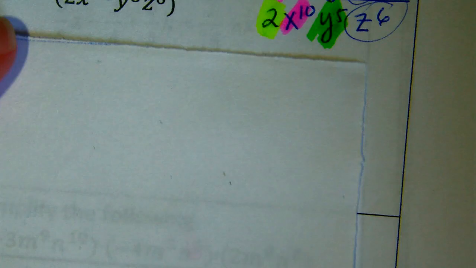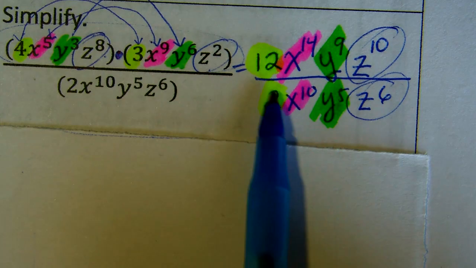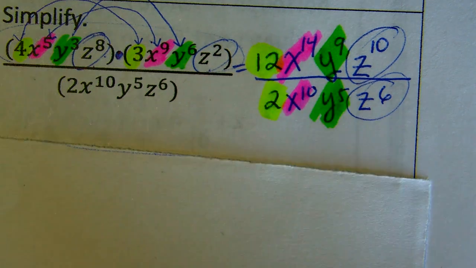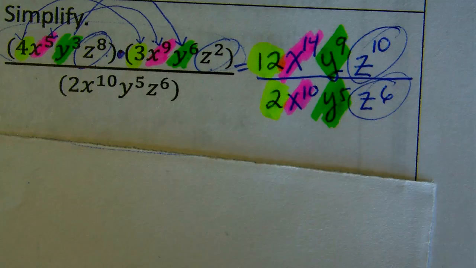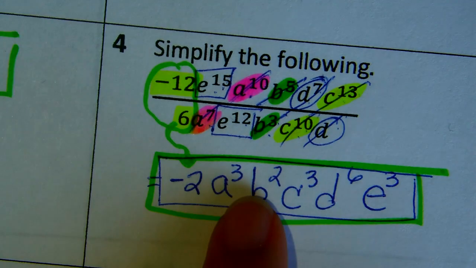If you have colored pencils or highlighters, of course you can do as I do, all right? So I've highlighted the coefficients, the x's, the y's, and the z's. I just circled them. So same thing that we did yesterday with our guided practice.